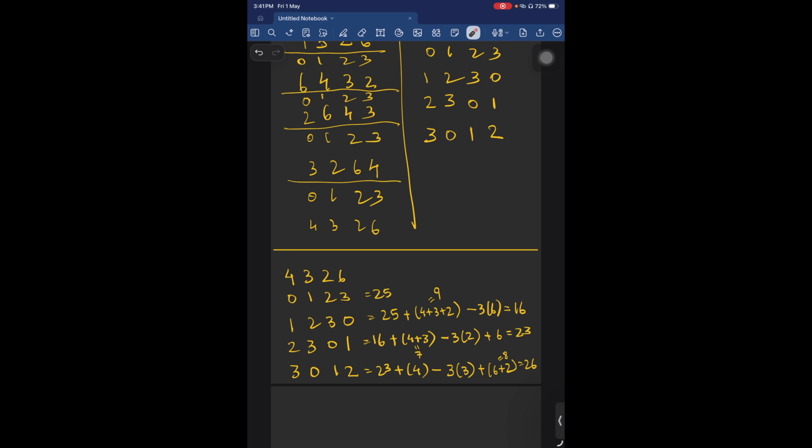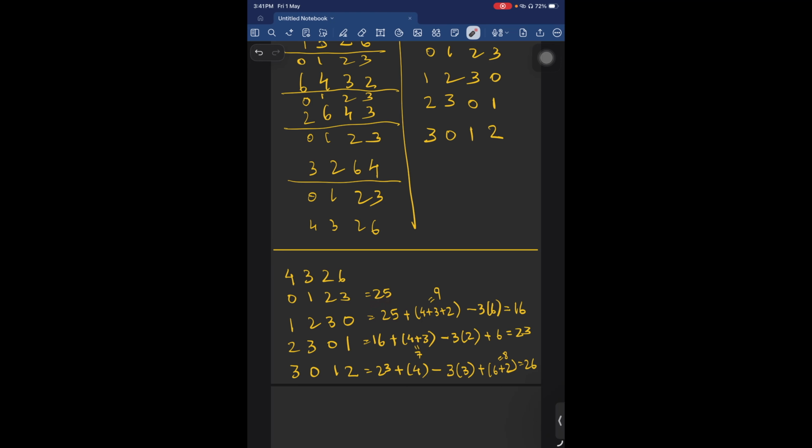So here f of 0 was 25. So we wrote that, and we can see that till f of 0, 4 was present 0 times, 3 was present 1 times, 2 was present 2 times. So this 25 has 0 times 4, 1 times 3, 2 times 2.